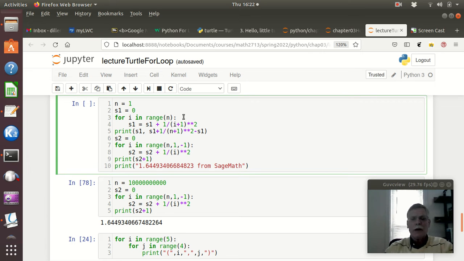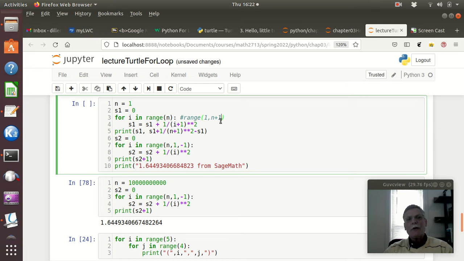So I could have just as easily, I'll do this as a comment, I could have easily just said in range, and I could have started at 1 and gone up to n plus 1, I guess, and that would have stopped me at n.